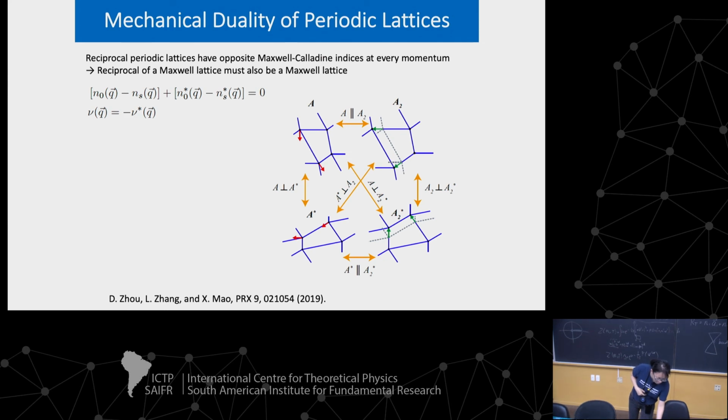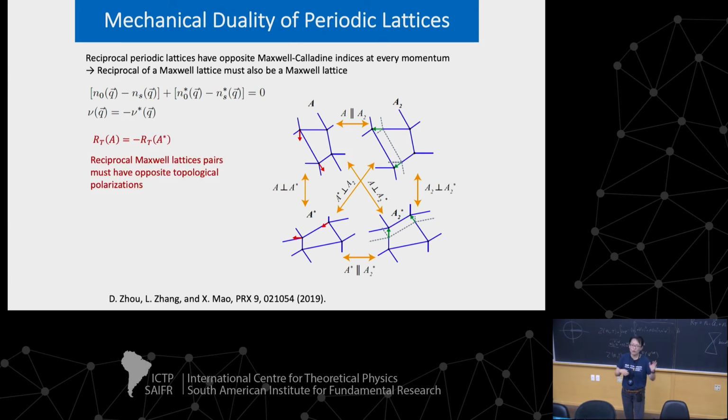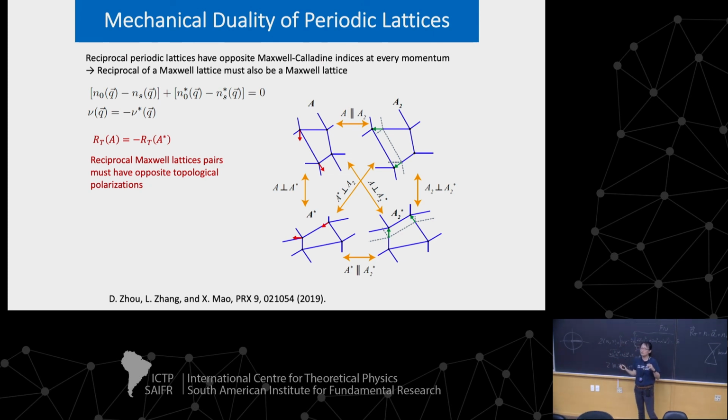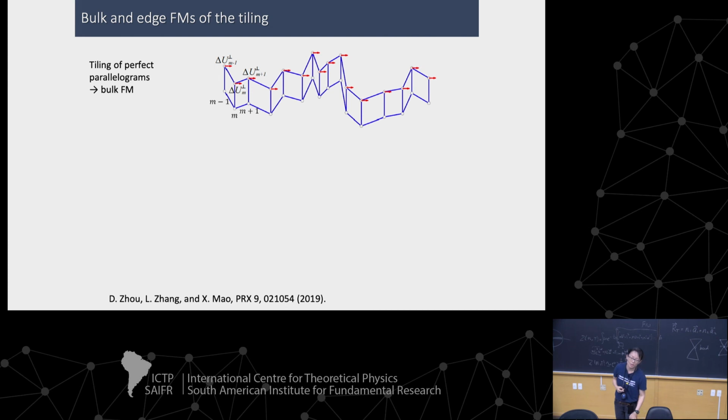You need to be careful with that. And if you do all the proof, you will see that their topological polarization must be opposite to one another, which comes from the fact that if you have a zero mode for lattice A, that gives you a state of self-stress for the reciprocal lattice, okay?